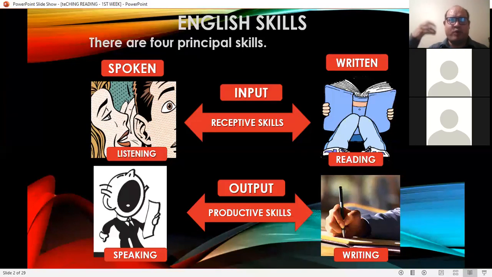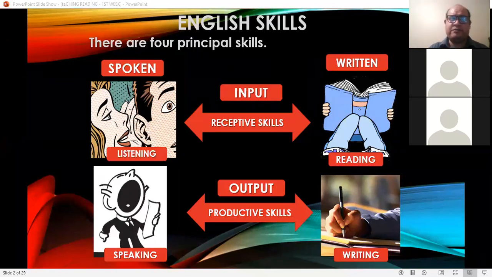That's why we say spoken language. So right now, for example, you are listening to me and I'm speaking to you. So this is the spoken language, all right? On the other side, we have the other two, reading and writing, which belong to the written language.